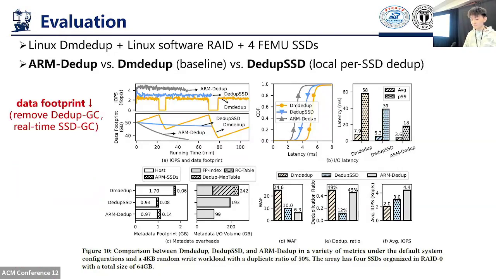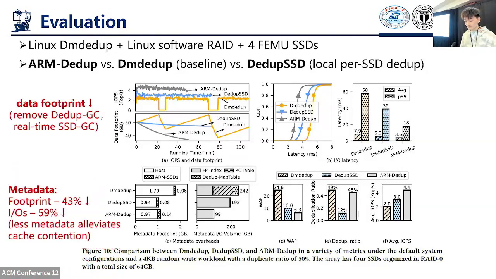Removing DDAP mappings reduces metadata footprint by 43%, alleviating cache contention and thus reducing metadata I/O by 59%.